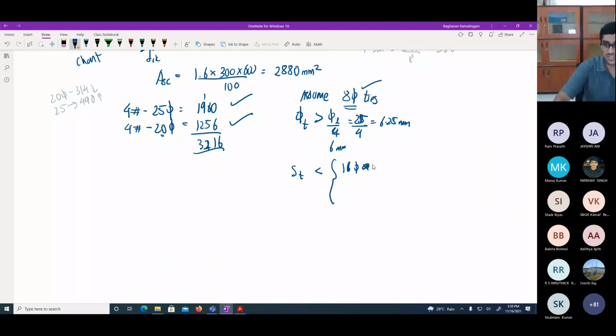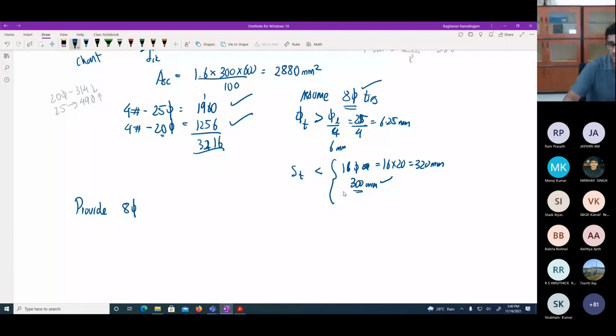So this is 16 times 20, which is 320 mm, and the other is 300 mm. Okay, so the least of these is 300, so we have to give less than or equal to 300 mm spacing. Okay, so let me say provide 8 mm ties. So the limit is 300.